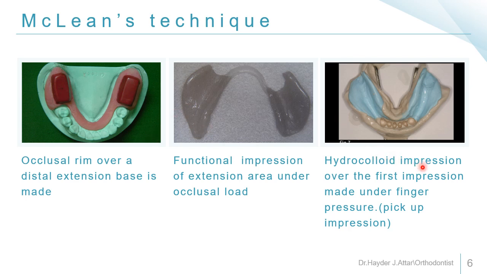The second impression is called the pickup impression because it records the occlusal rim in addition to the teeth under finger pressure and in a mucostatic technique. Then the first functional impression is picked up with the teeth. This is the McLean technique, regarded as one of the types of the dowel impression technique.